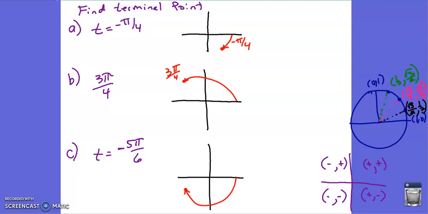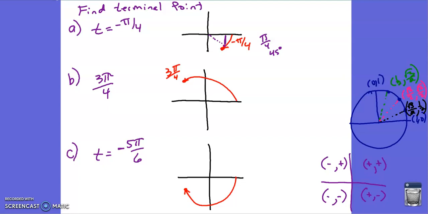So what we're trying to find is negative pi over 4. We're trying to find the terminal point, but the reference is literally pi over 4, or if you want to convert that to degrees, 45 degrees.